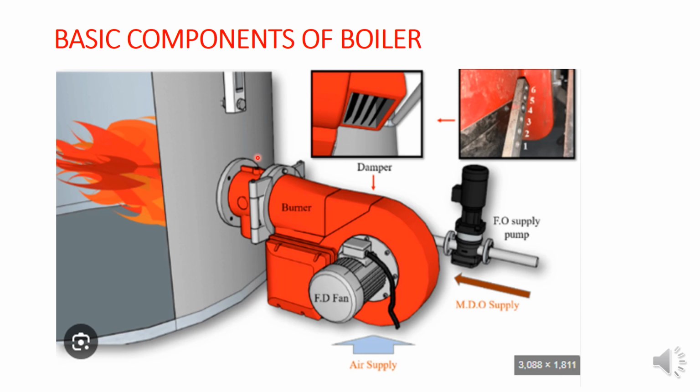How the pilot burner will ignite the flame and how the main burner will start, we'll discuss next. Okay, so this is the main burner. The main components are the FD fan, fuel oil, the ignition transformer, and the pilot burner. This is the damper to suck the air and to control the air pressure inside the boiler.